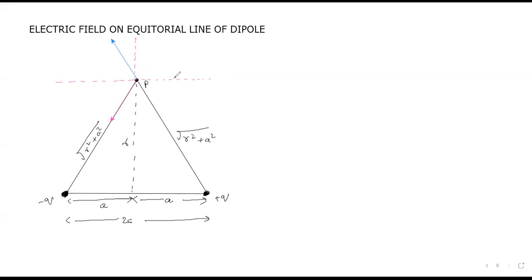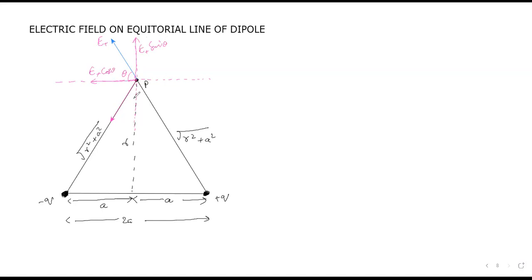Hence, we can say the angle made by the field of the plus charge is theta. Then the perpendicular component will be E plus sine theta, and on the horizontal axis it will be E plus cos theta.